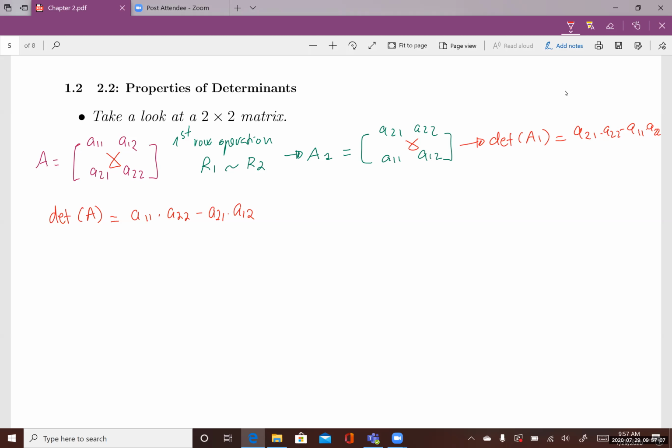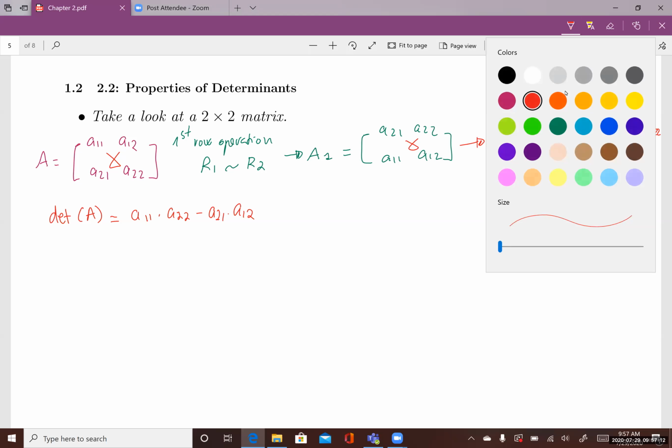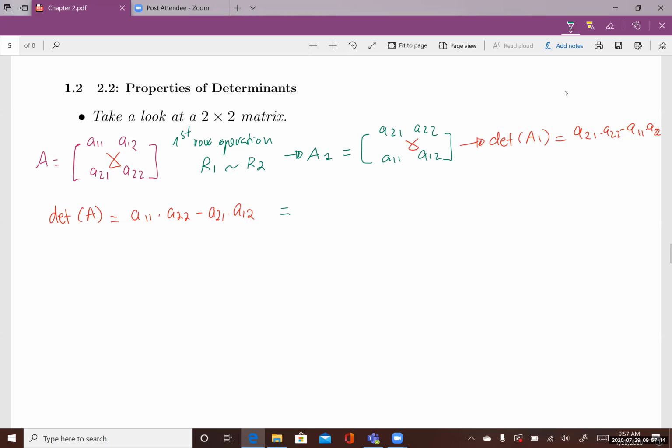A11, A22 here, A11, A22 in the back, and so on and so forth. So from here, I can conclude that the determinant of A is equal to the negative of the determinant of A1.